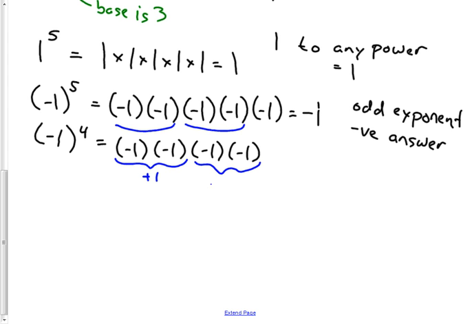These two together give us positive 1. So we'll have positive 1 times positive 1 gives us positive 1 as our answer. So we can say even exponent gives us a positive answer, if our base is in fact negative.